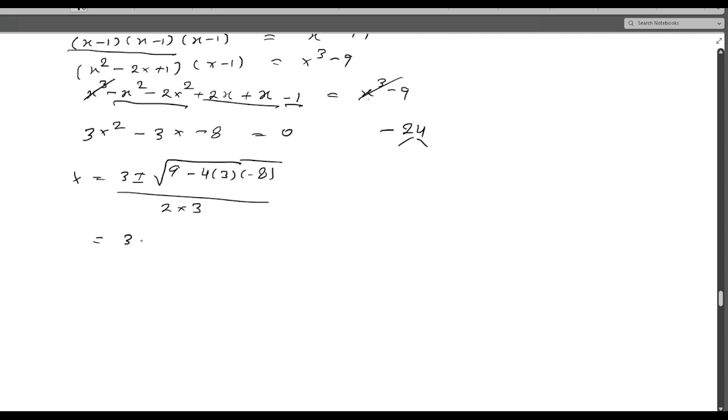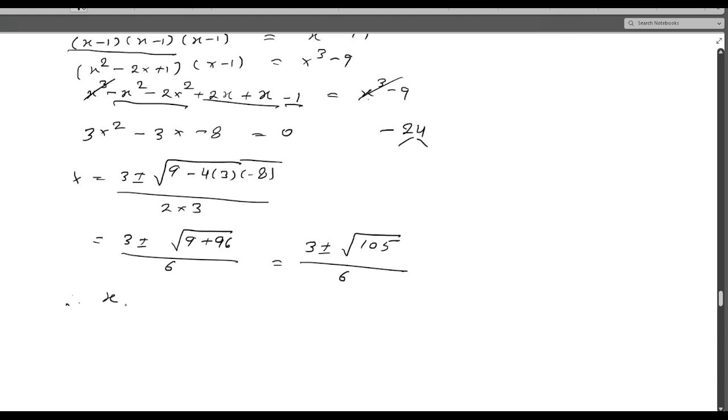So it is 3 plus minus root of 9 plus, now 4 times 3 is 12, and 12 times 8 is 96. So it is plus 96, divided by 6. So it is 3 plus minus root of, now 96 plus 9 is 105. So 3 plus minus root 105 divided by 6.